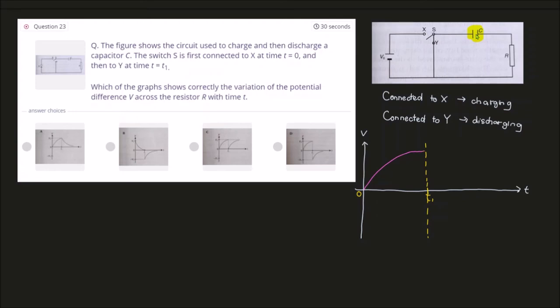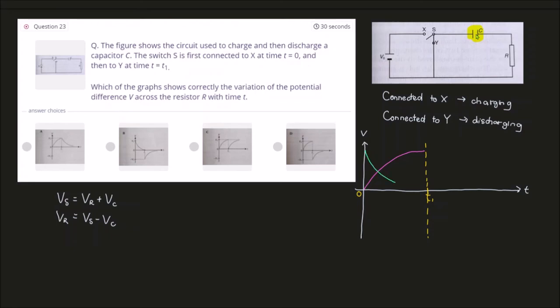But since we are finding it for the resistor instead, we know from a previous question just now that V supply should be equal to V_R plus V of the capacitor. So in this case, V_R is just Vs minus Vc. So the potential difference across the resistor should go in the opposite shape to the potential difference across the capacitor.